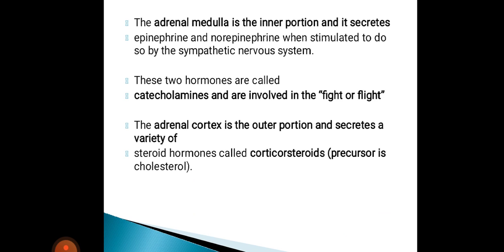These two hormones are called catecholamines because they are derived from the catecholamine nucleus or dopamine nucleus, and are involved in the fight or flight response, so they are also called fight or flight hormones. The adrenal cortex is the outer portion and secretes a variety of steroid hormones called corticosteroids, and these corticosteroids are derived from the cholesterol nucleus.